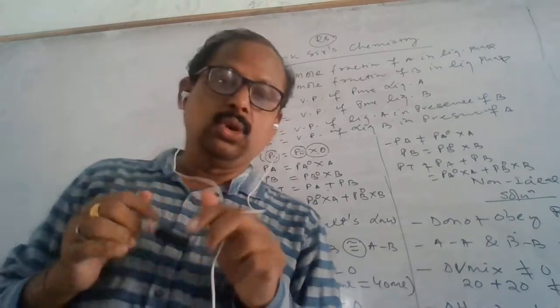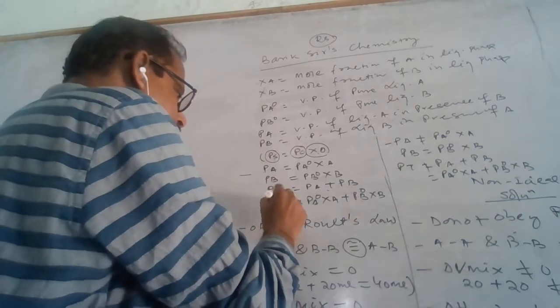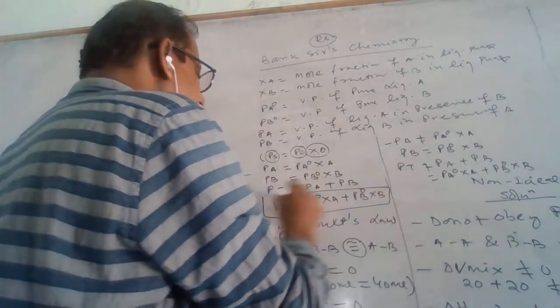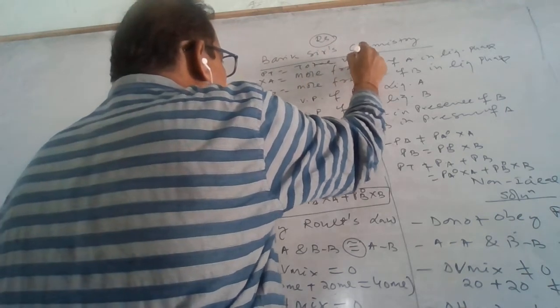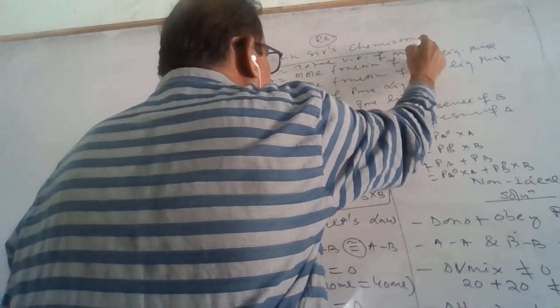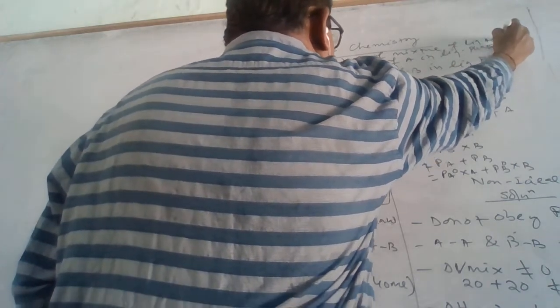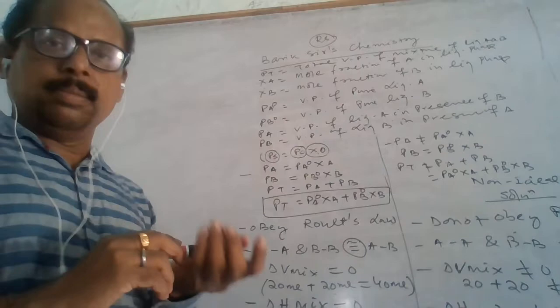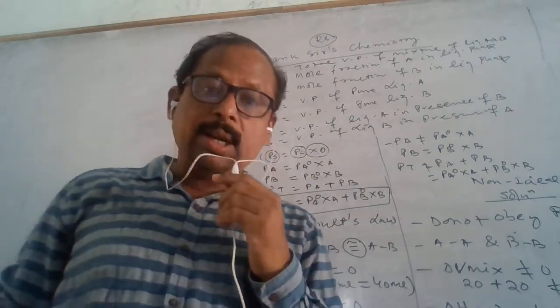Sometimes the problem will ask to calculate the total vapor pressure, and PT is what? PT is the total vapor pressure of the mixture of liquid A and B.